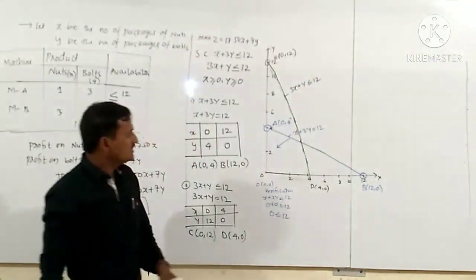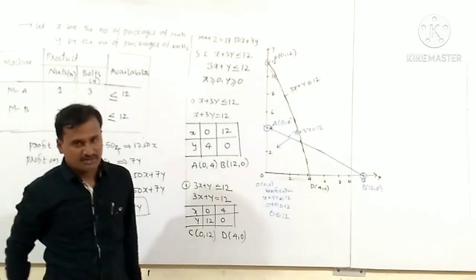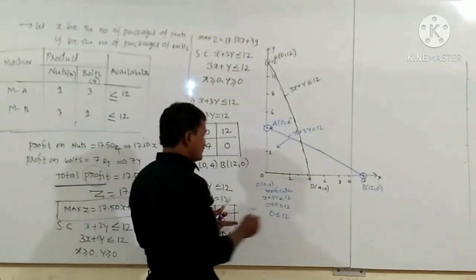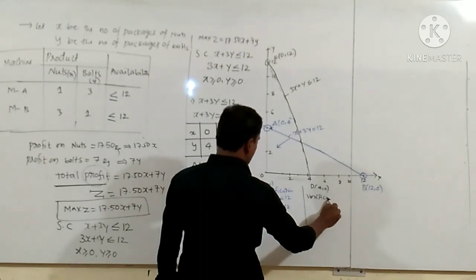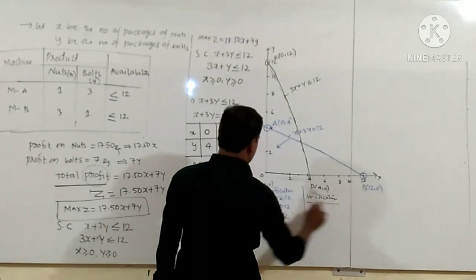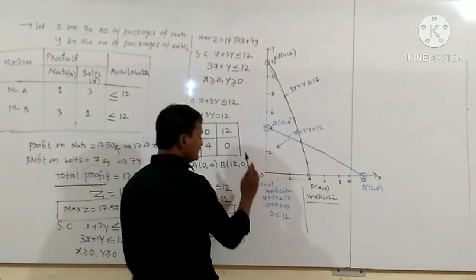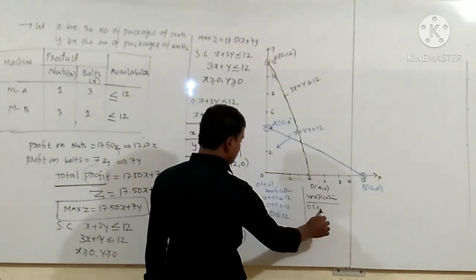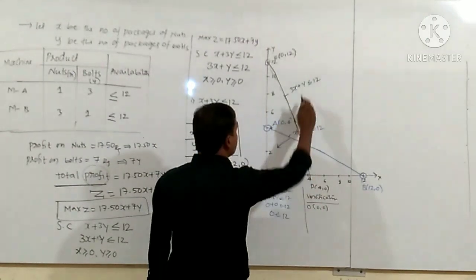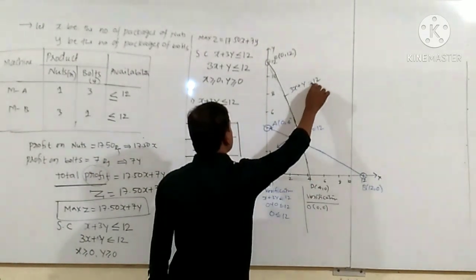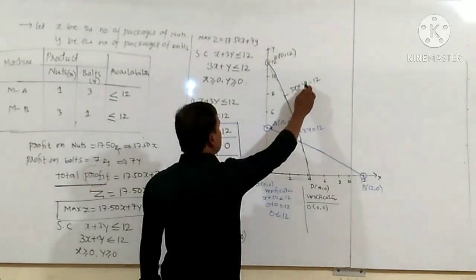Now where do I have to shade? Again, for verification, I will take the coordinate of the origin and substitute these points in this inequality. Don't write less than or equal to, better you write less than.